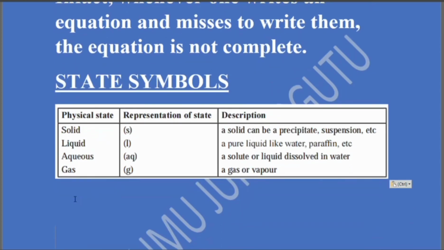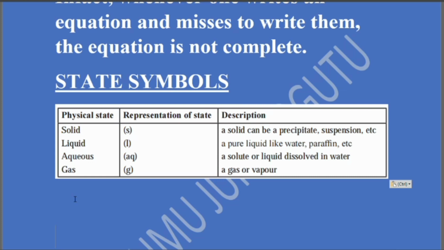Now, here is what we are talking about. Solid is represented by a small s, and a solid can be a precipitate, suspension, etc. Liquid is represented using a small l, a pure liquid like water, paraffin, etc. Another physical state is aqueous, represented by aq, in small letters.